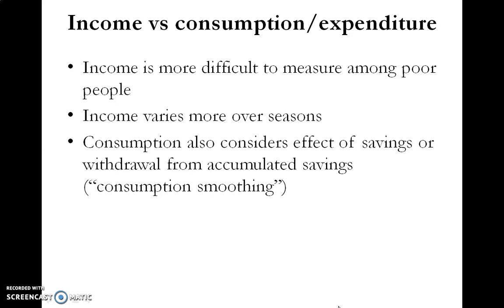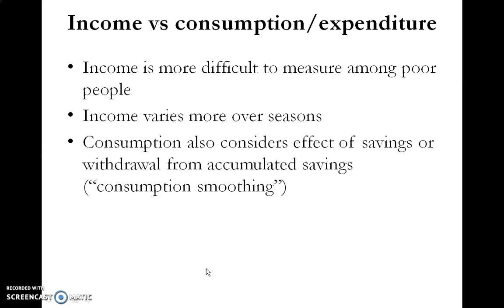Right, so when it comes to the choice of using income data versus consumption or expenditure data when measuring poverty, development economists tend to use consumption or expenditure data more often than income data when we want to measure poverty amongst poorer subgroups of society.